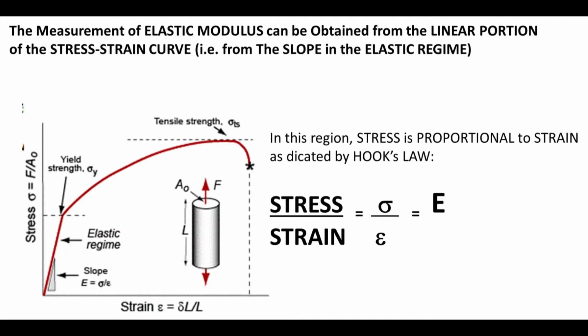The challenge in measuring modulus from a tensile test is the difficulty in measuring strain accurately. We can measure stress very accurately. However, strain, which is the change in displacement divided by the initial length of the sample, is very difficult to measure because the displacements in the elastic region are very small and hence very difficult to measure accurately.